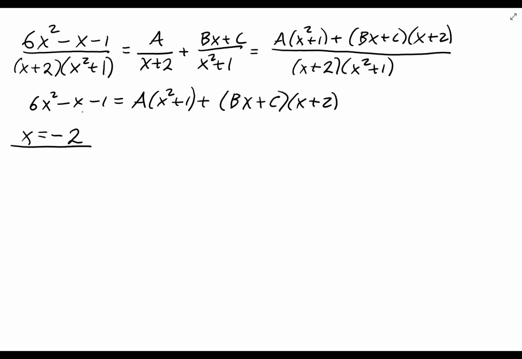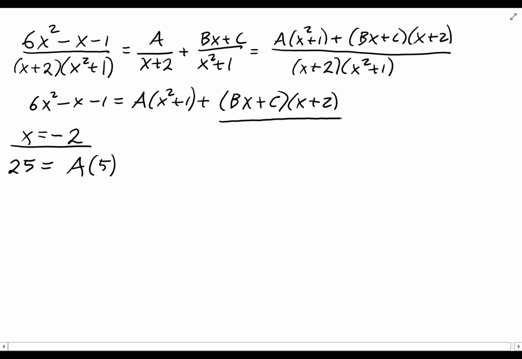So over on the left hand side, I think if we plug in a negative 2 there, we're going to get a 25. And if we plug in a negative 2 here, that's going to be A times 5.